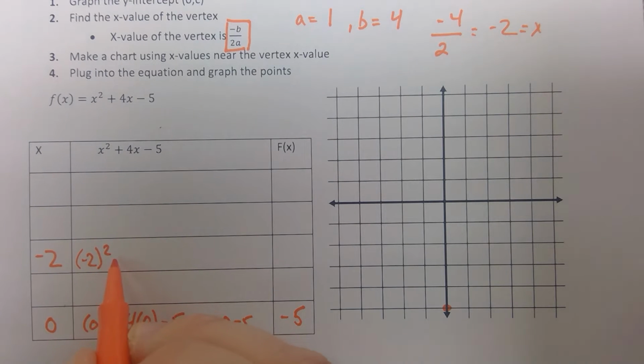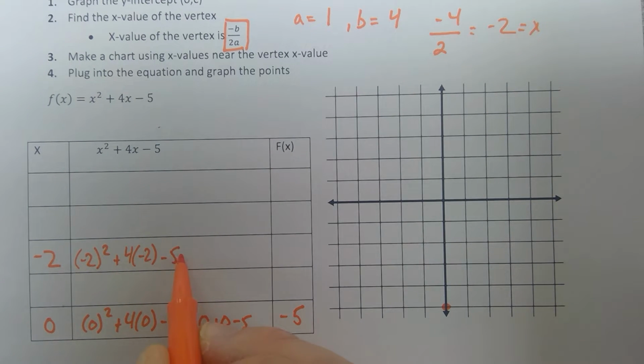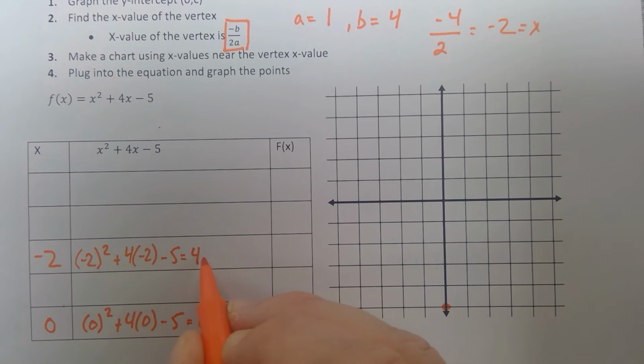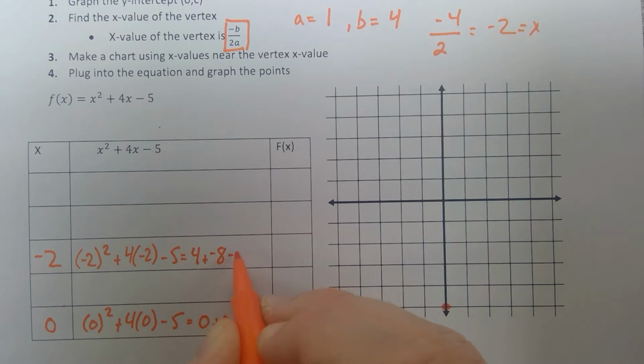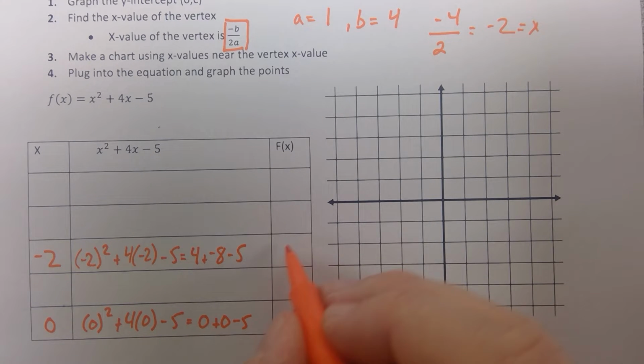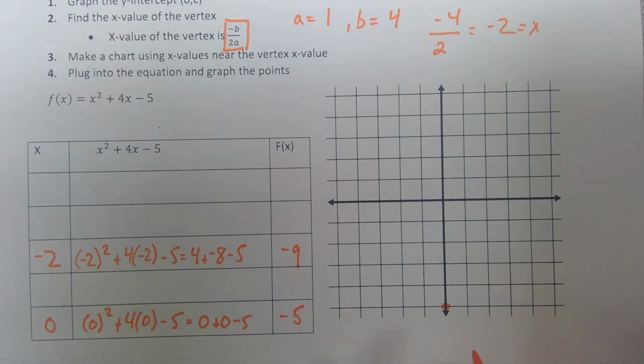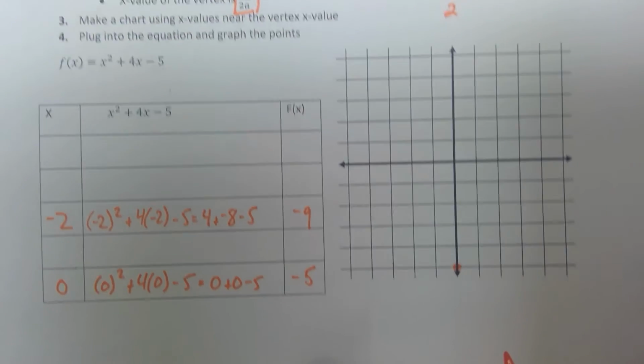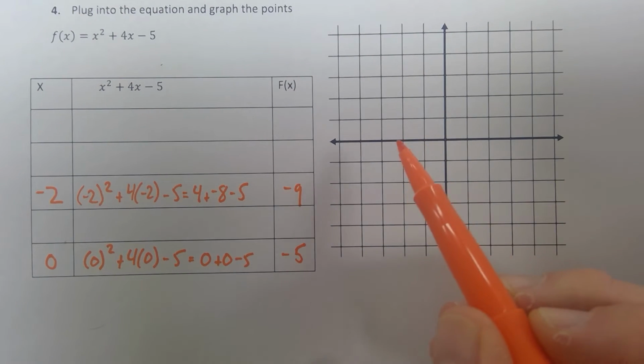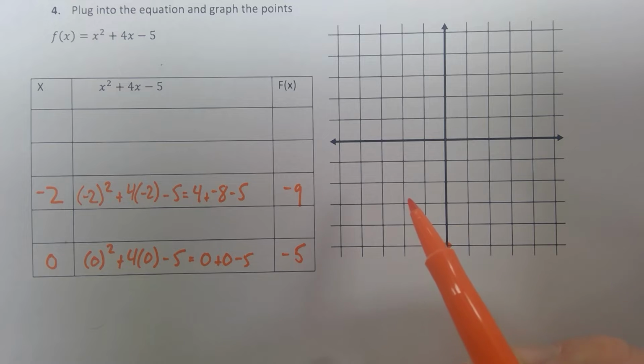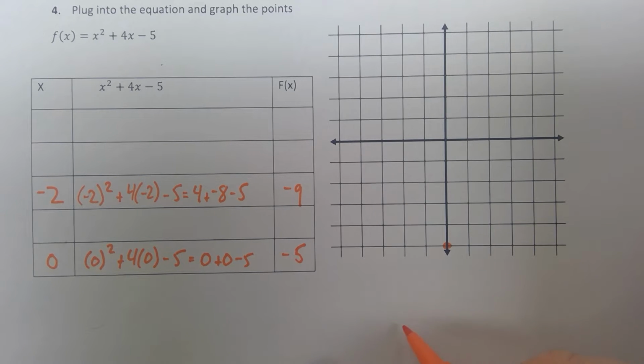We have -2 squared plus 4 times -2 minus 5. -2 squared is a positive 4, plus -8 minus 5, so it's -13 plus 4, which is -9. So it's going to go off of our graph a bit. I could have picked a better graph, but we're going to work with it.